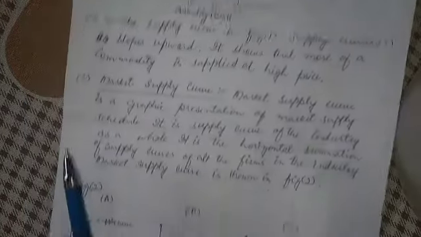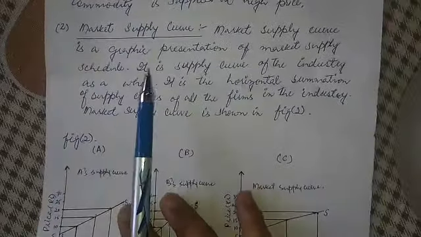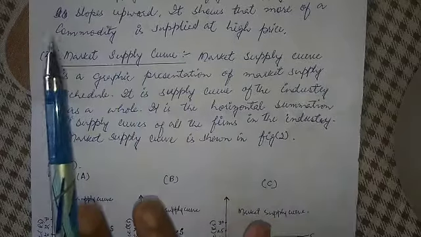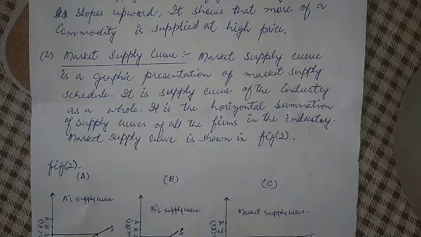Now, what is the market supply curve? The market supply curve is a graphic presentation of the market supply schedule. It is the supply curve of the industry as a whole.